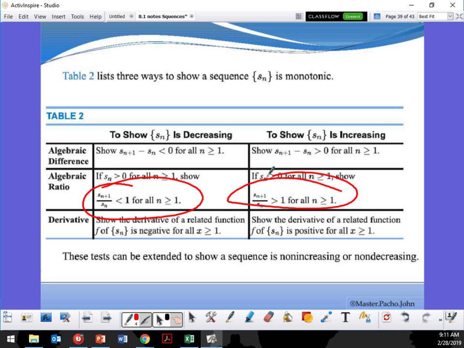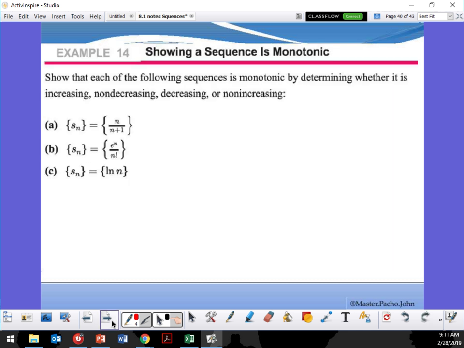I'm going to use the algebraic ratio for this one. So I'm going to have my S of n plus 1 on top and S of n on the bottom. S of n plus 1 means this would be n plus 1, and this other one would be n plus 2.